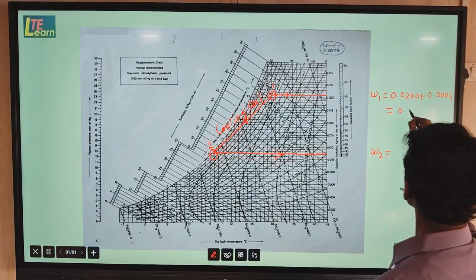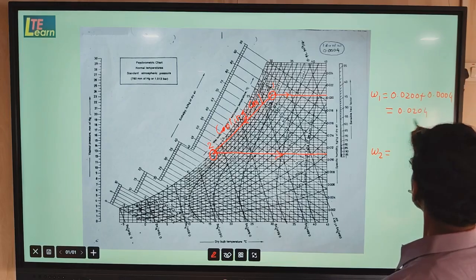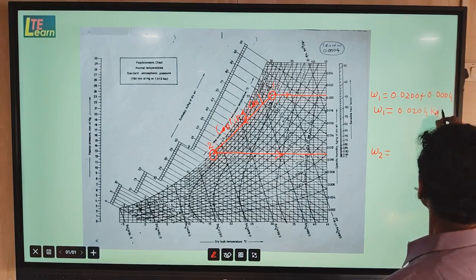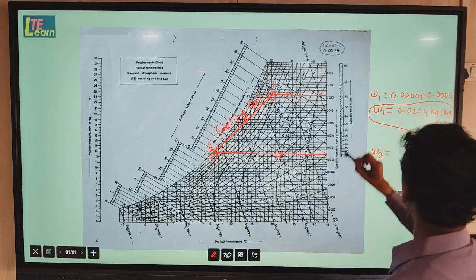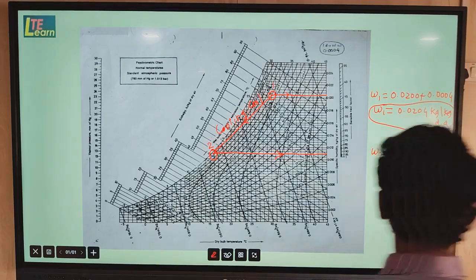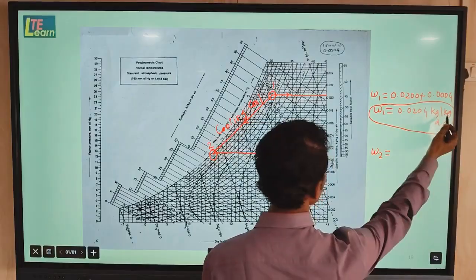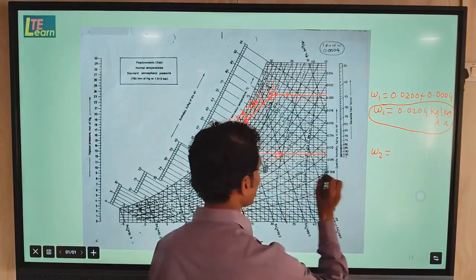So in this way we get the specific humidity of 0.1. This is the W1 value. Similarly, this is in kg per kg of dry air.